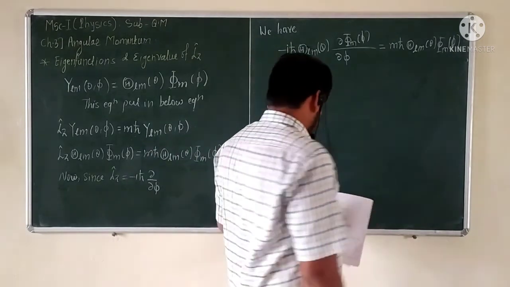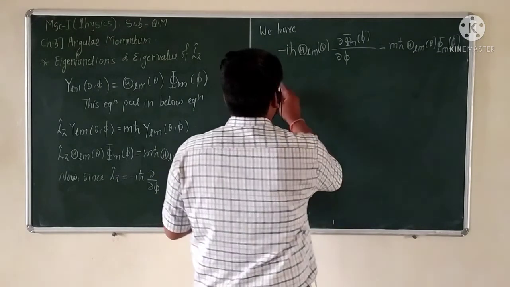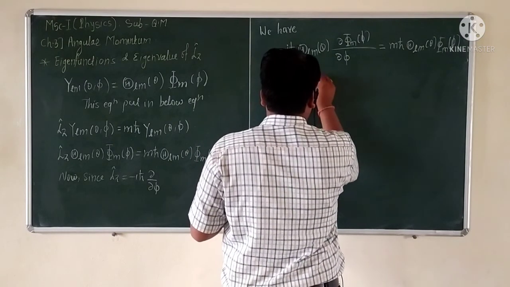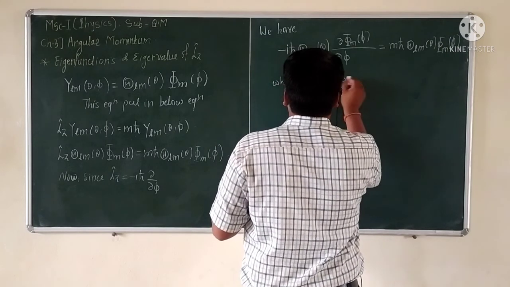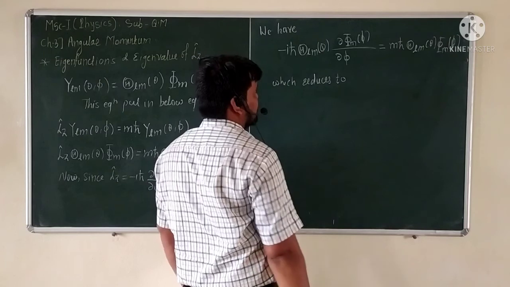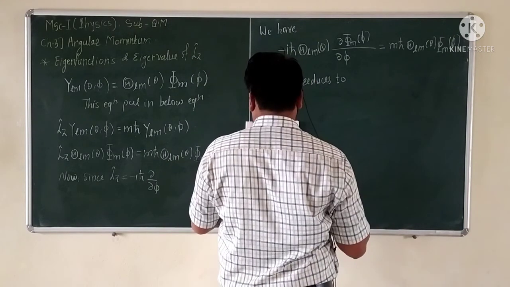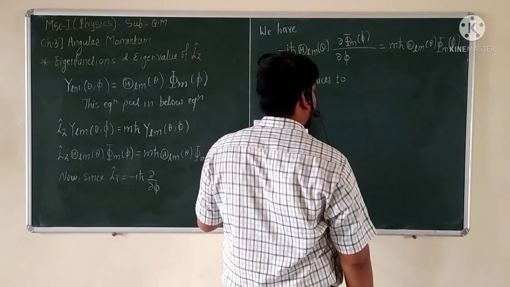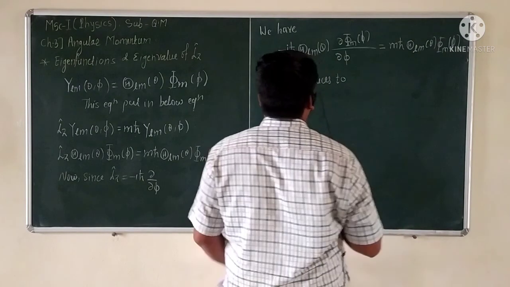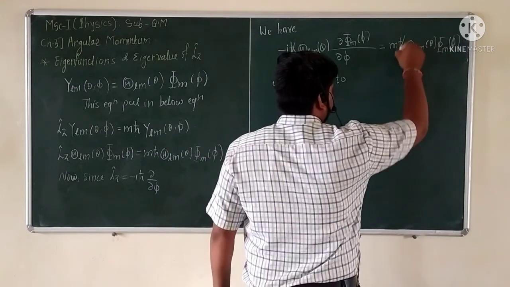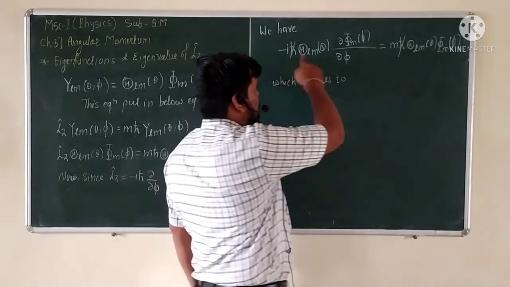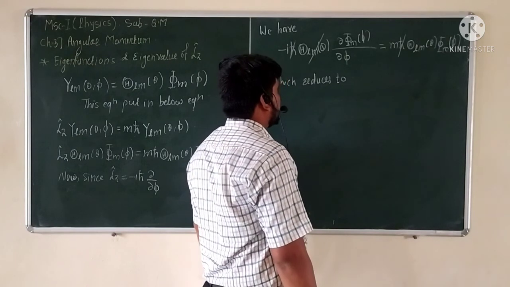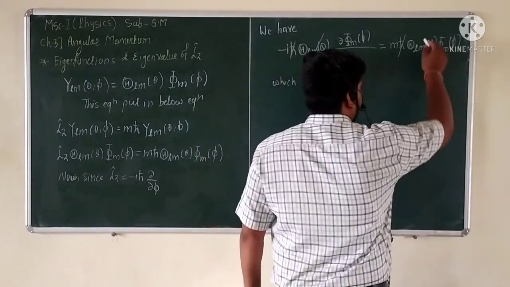So this equation reduces to: minus i stays as it is, the ħ cancels on both sides, and Θlm(θ) also cancels, and the remaining part is m Φm(φ).